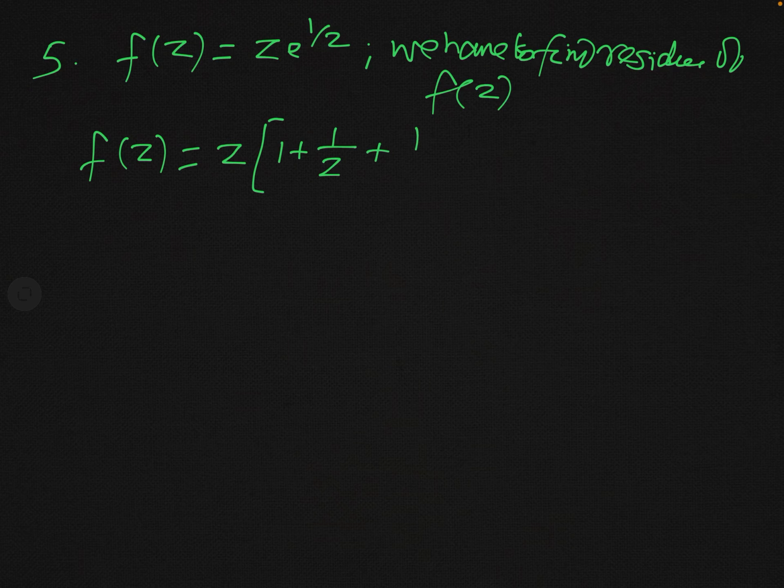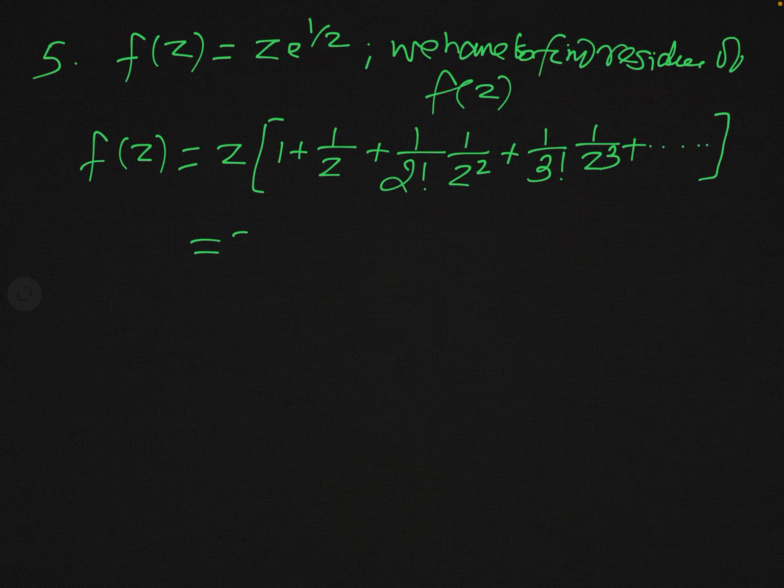F of z is equal to z, and this e to the power 1 over z will be 1 plus 1 over z plus 1 over factorial 2 into 1 over z square plus 1 over factorial 3 into 1 over z cube.